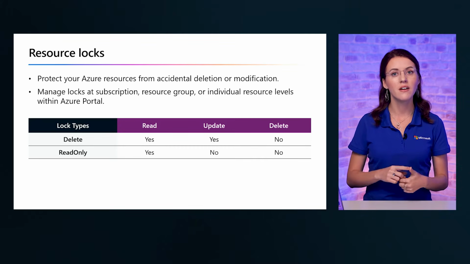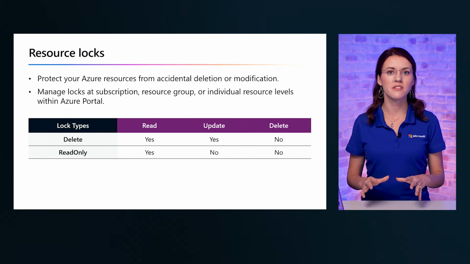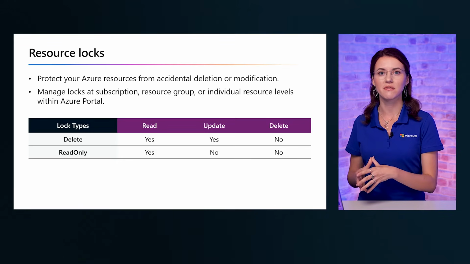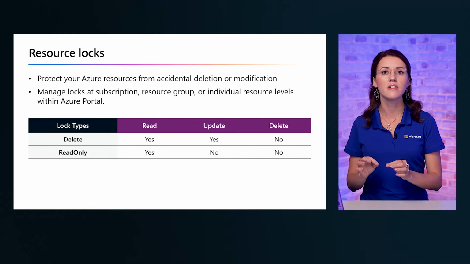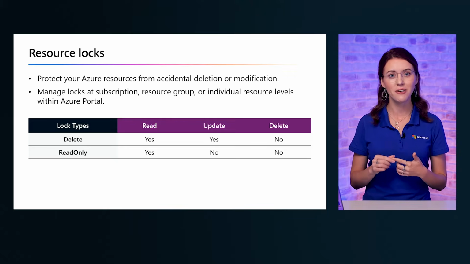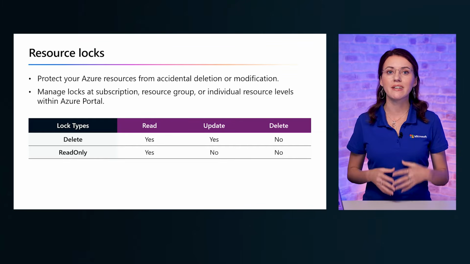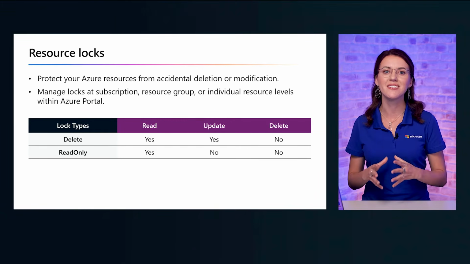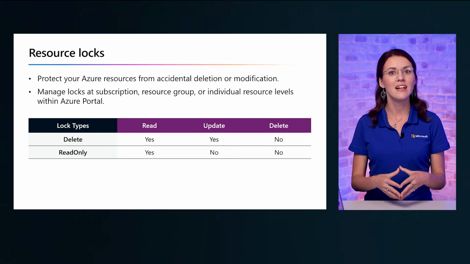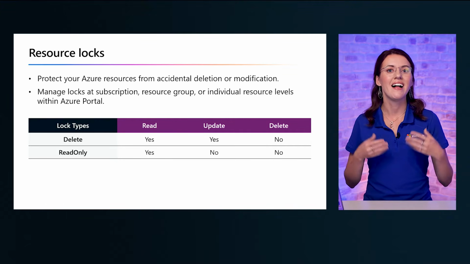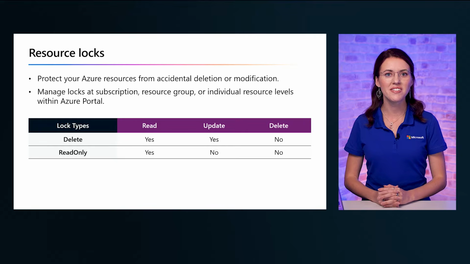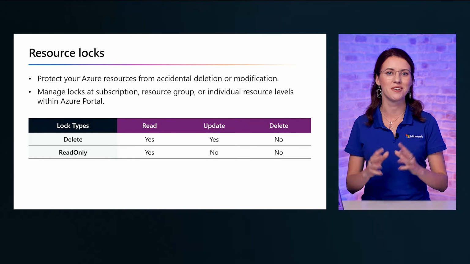Delete lock means that authorized users can read and modify the resource, but they cannot delete it. Read-only means that authorized users can read the resource but cannot delete or update it. To better understand resource locks, let's take a look at how they can be configured in the portal.